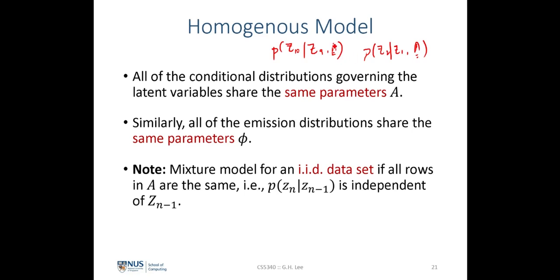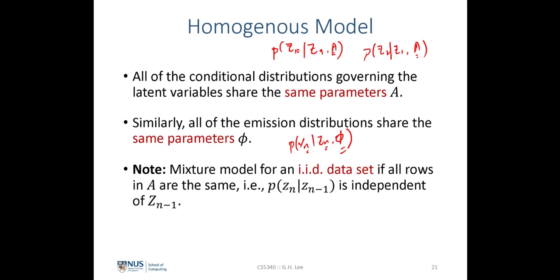So all these A's must remain the same. This is also true for our emission probability of xn conditioned upon zn and phi over here. Regardless of what the index n is, the phi, which is the underlying parameter for this conditional probability distribution, must remain the same. In other words, we call this the homogeneous model or a time invariant model.